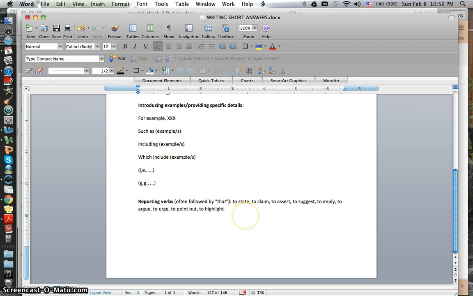Okay, so somebody states that, somebody claims that, the text asserts that, the author suggests that, or the author implies something, or argues something, or argues that, urges us to think something, or points out that, highlights that, and actually there are many more, but those are a few good ones to keep in mind, and it's always good to have a variety of different reporting verbs under your control because variety is important to include in your writing.